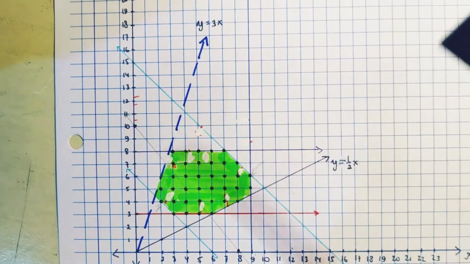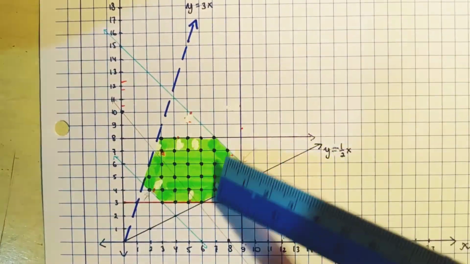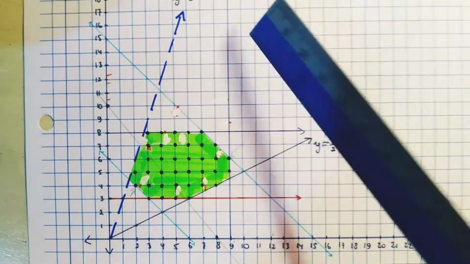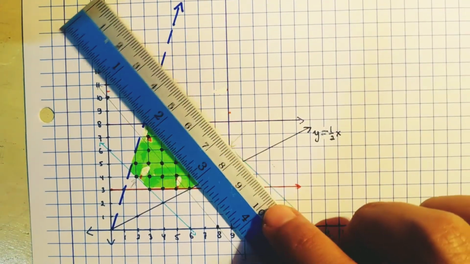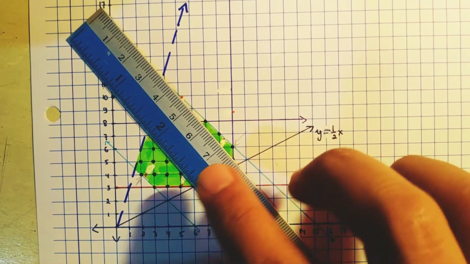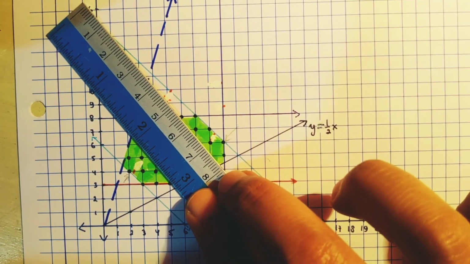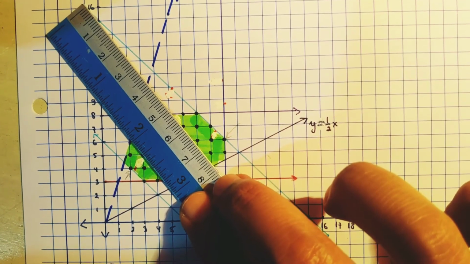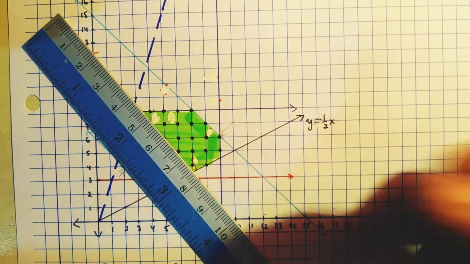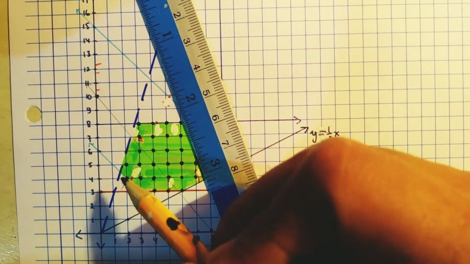So if I change the objective, if somehow I want to find which pair from this will give me the least possible dollars that I can earn, with the same testing line, I don't slide it to the right. Of course, I'm aiming at the area on the left, right? So let's just slide it carefully and then find where the last pair is that it touches. So actually this one, right?